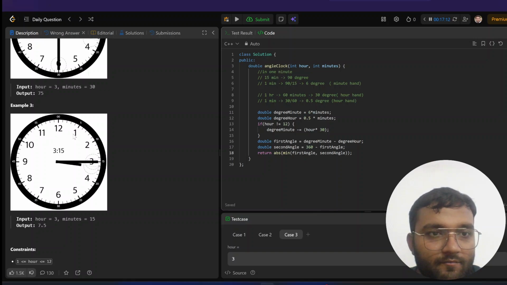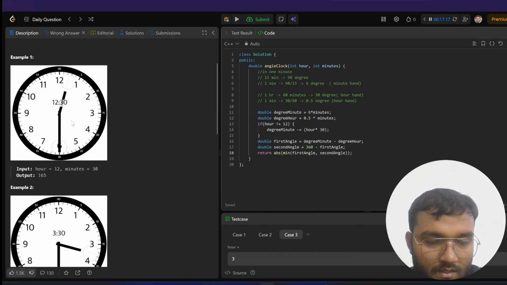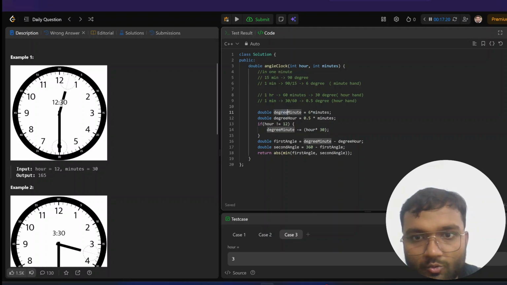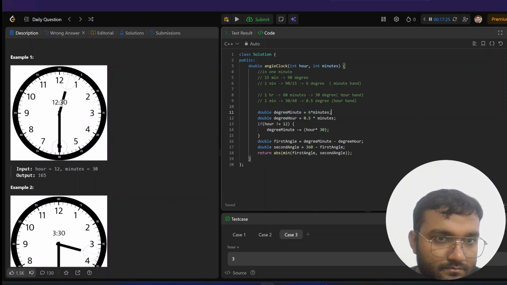So if minute is given, then I can simply calculate how much it moves by this formula: 6 into minute degrees. Our degree minute calculation is correct.